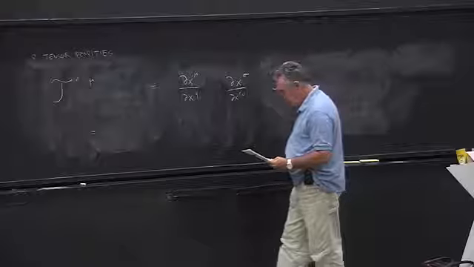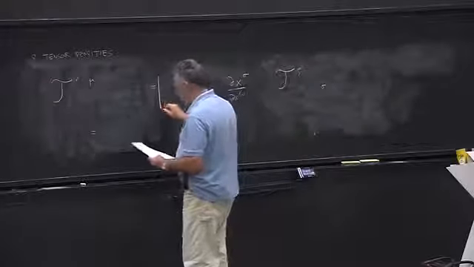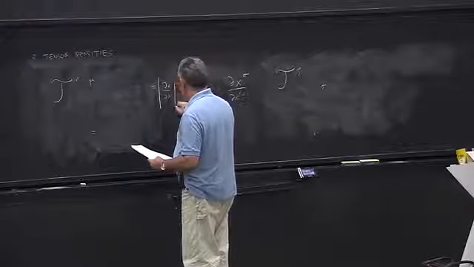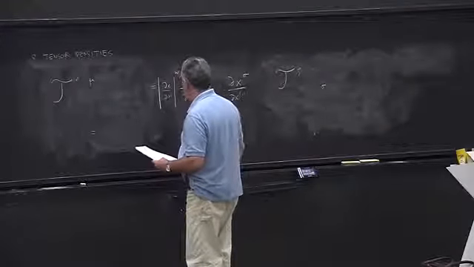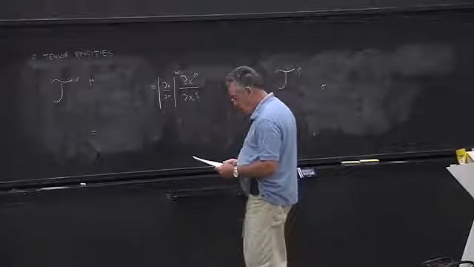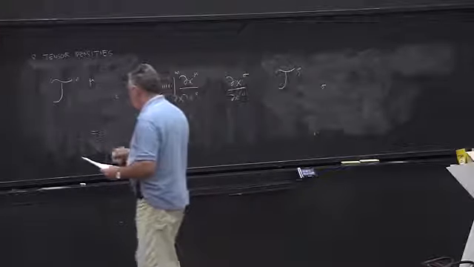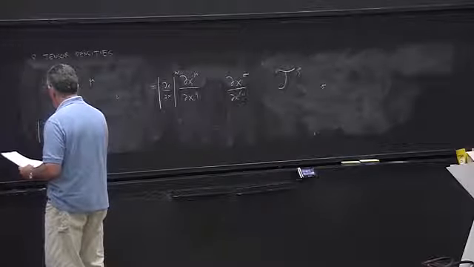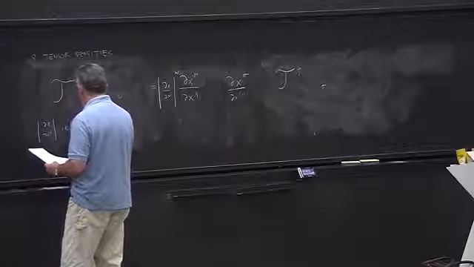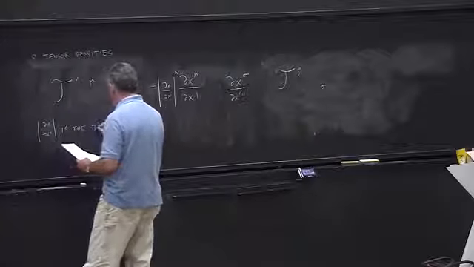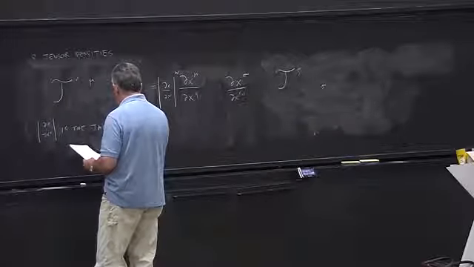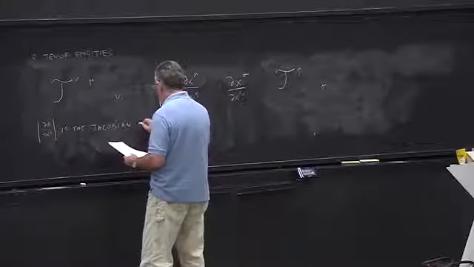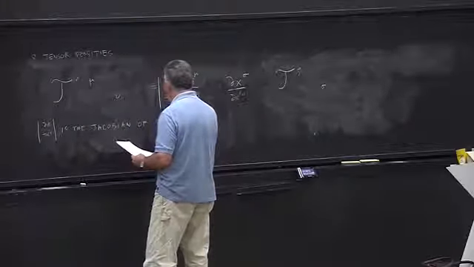But a density is going to be generalized dx by dx prime Jacobian to the power w. Dx by dx prime is the Jacobian of the mapping x goes to x prime.